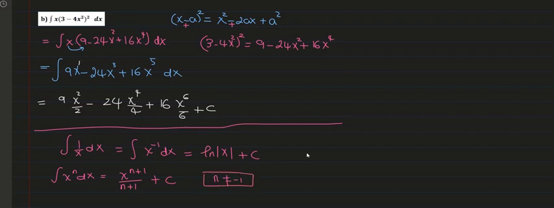If n is equal to negative 1 and only negative 1, and we don't mean here negative 0.9 or negative 1.1, only exactly negative 1, when x is in the power of negative 1, we don't add 1 and divide, but instead we say that it's the derivative of ln absolute x.